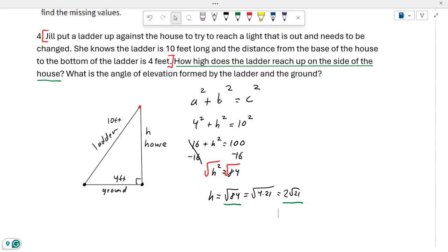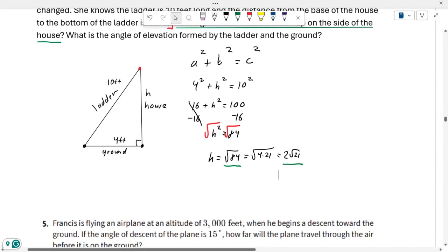So in a lot of real-world scenarios, even if the directions don't say to approximate your answer, it's probably a good bet that you should, because if you're trying to find the height of the house, the square root of 84 isn't particularly useful information. What even is that? It's a little bit more than 9. So I would recommend in this problem to actually approximate the square root of 84 or 2 root 21.